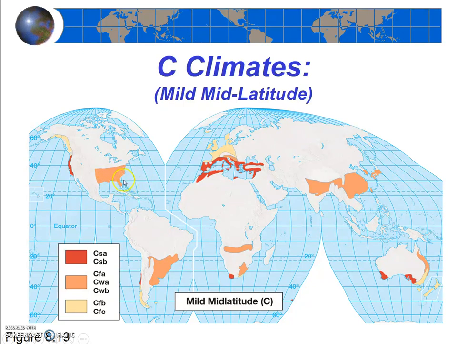Further, they have warm water currents coming in here that can add moisture to the system as well. On the west coast, we have a cold current coming down from here, which further enhances that high pressure system. Similarly, all the other places here have cool currents coming through, and they're about 35 degrees north and south latitude.